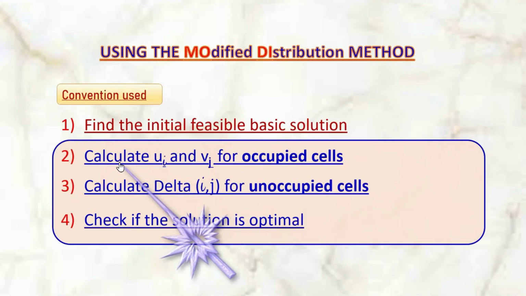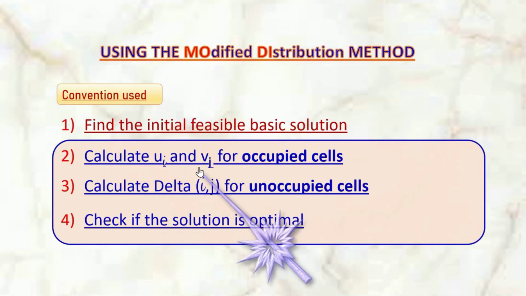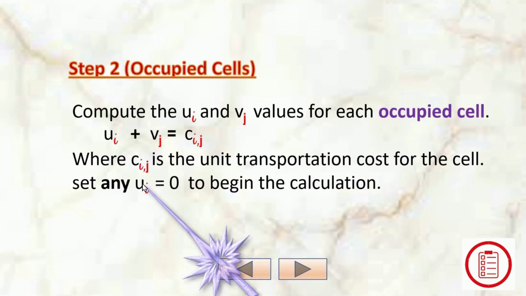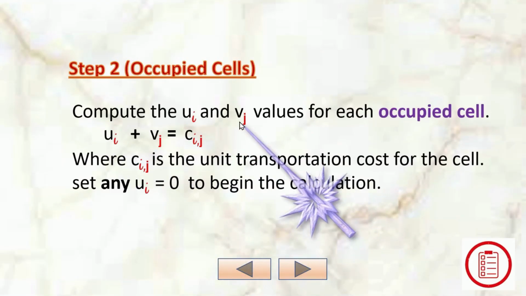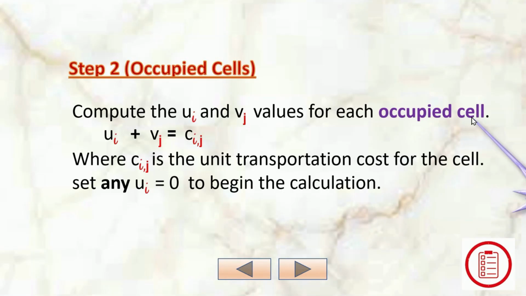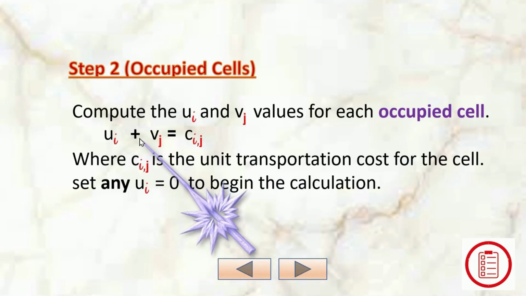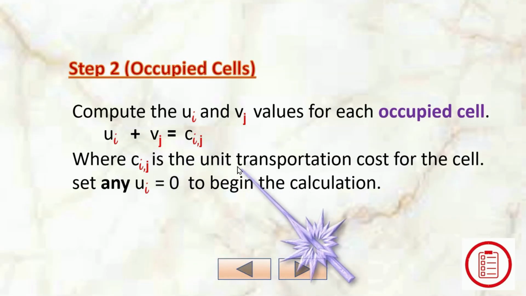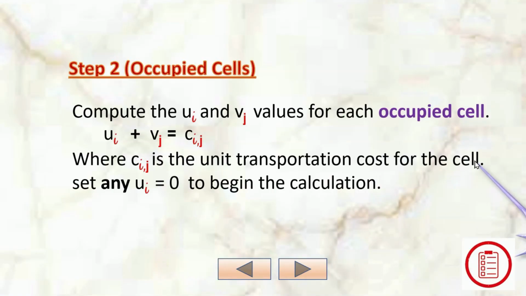Step 2, you calculate the Ui and Vj for occupied cells. Now you compute the Ui and Vj values for each occupied cell. That is Ui plus Vj equal to Cij, where Cij is the unit transportation cost for the cell.